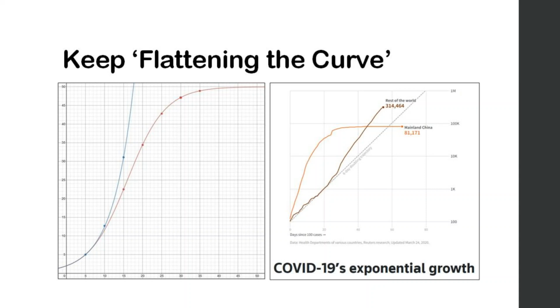If we keep flattening the curve, if we keep lowering the growth constant, if we keep increasing the doubling time, then actually that curve will not continue to grow exponentially, but will have an S-shaped curve that will eventually flatten off and can get to the stage, as some other countries have done, where the death totals are beginning to stop and the increase has ceased altogether in some cases.